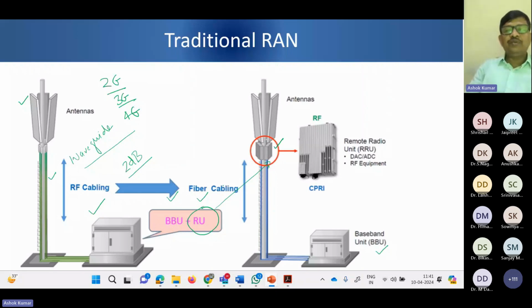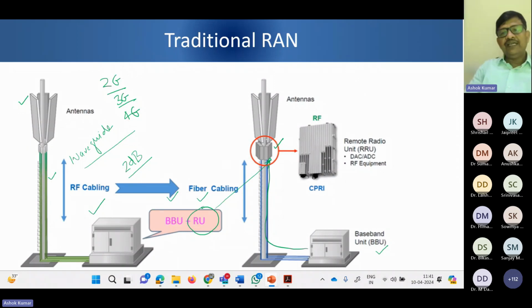The cable from the BBU to the RU became fiber instead of waveguide, so the 2 dB loss was reduced and some energy efficiency came in.